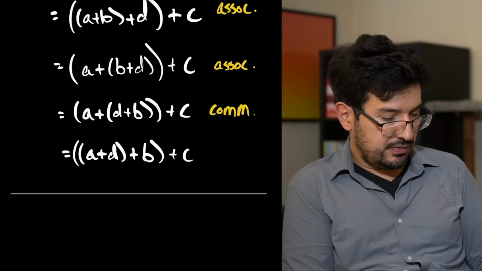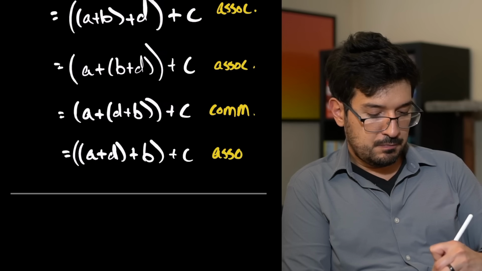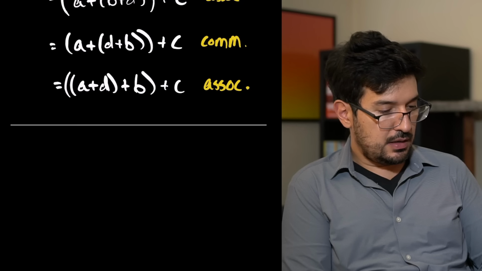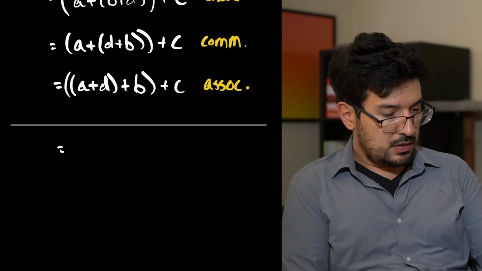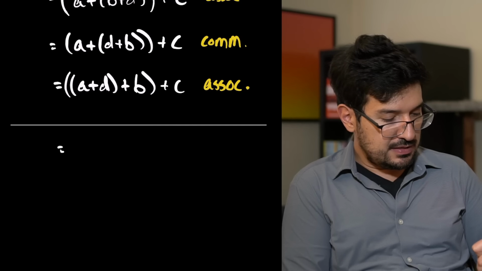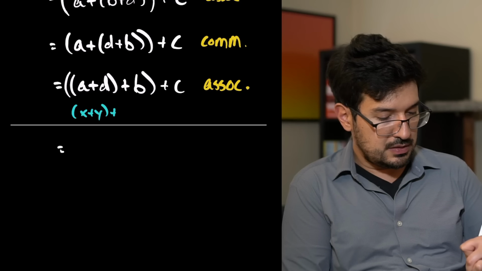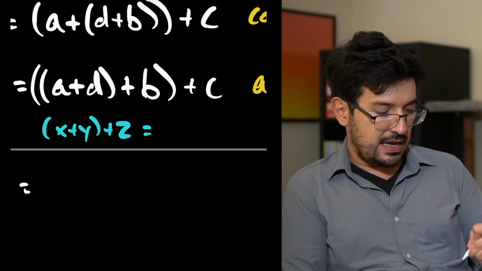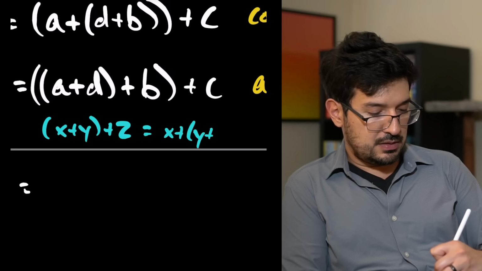So in this, I used associativity, right? Now, remember that this is now in the form x plus y plus z, and I can rewrite anything like that as x plus y plus z.